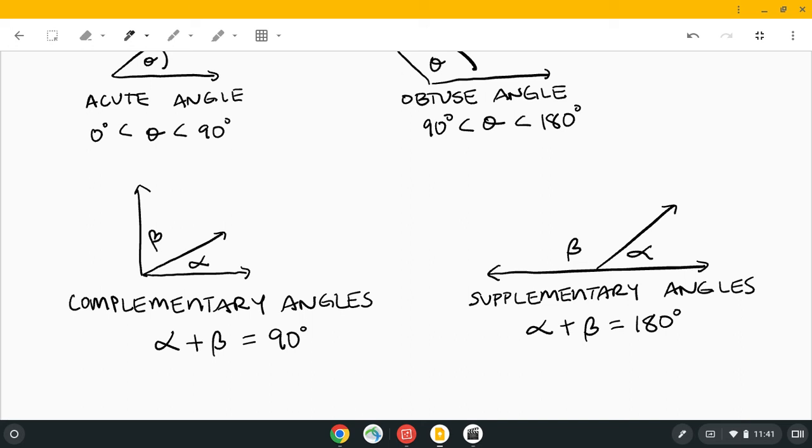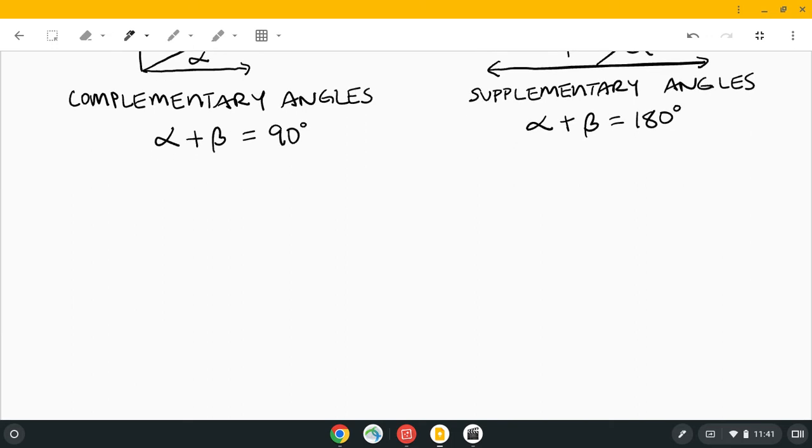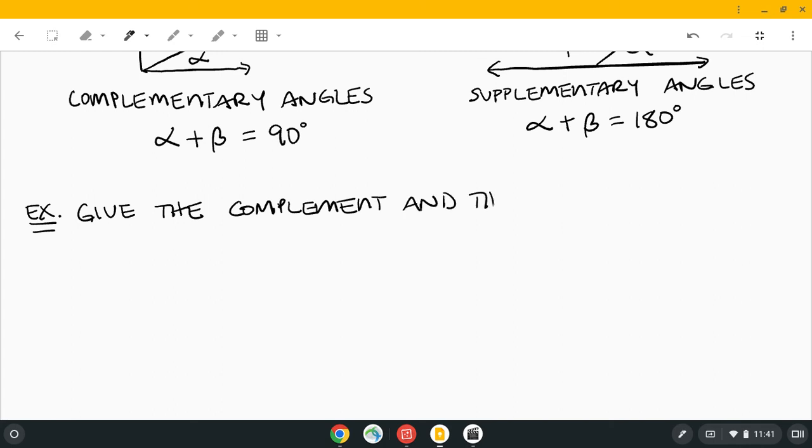Okay? So in the homework, you might be asked to find the complement or find the supplement. So let's take a look at some examples of that. Give the complement and the supplement of each angle.